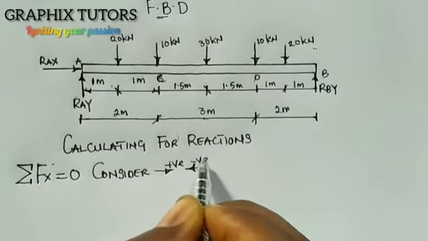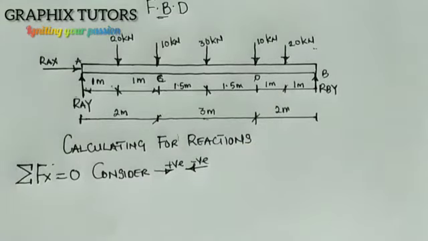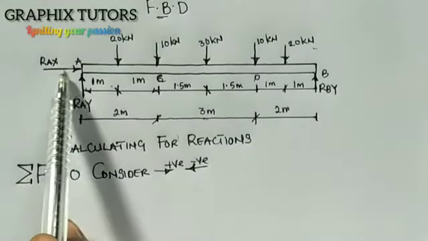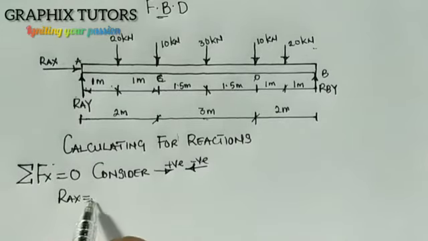Is negative. So if you look at this figure here, we only have one horizontal component, which is what? RAX. So that means that my RAX is equals to what? 0. We are done for that.